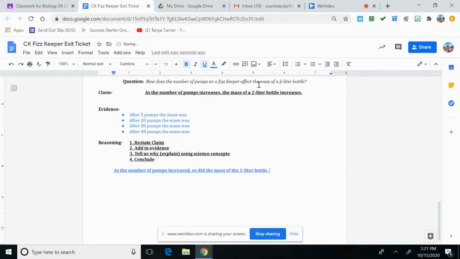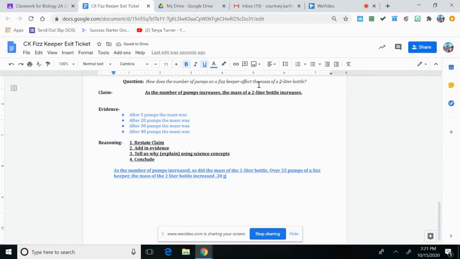Next, we do need to add in evidence again, and you do need numbers. It needs to be quantitative evidence that proves what we're saying. Now, again, you don't need to write specifically all 4 of these, but you need to show me the trend. So you could say, over 35 pumps of a Fizzkeeper, the mass of the 2-liter bottle increased 0.30 grams.